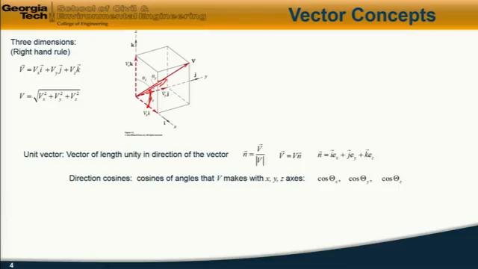And the direction cosines are cosine theta x, cosine theta y, etc. And these direction cosines are in turn the scalar components of the unit vector. So ex here is equal to cosine theta x, ey is equal to cosine theta y, etc. So we can also write the unit vector in this form, n is equal to i cosine theta x, etc.